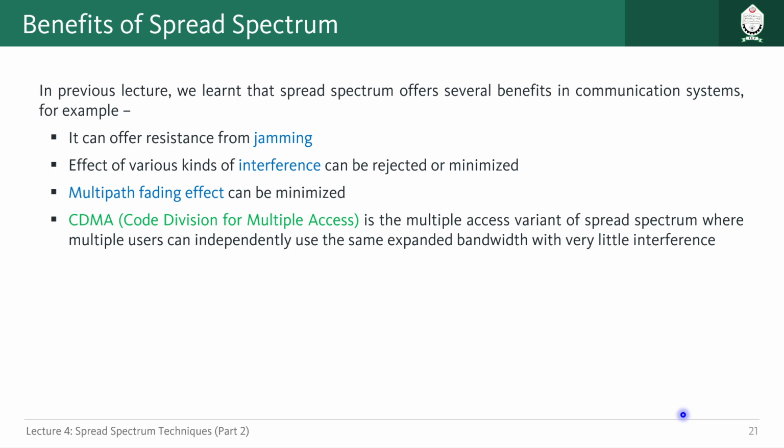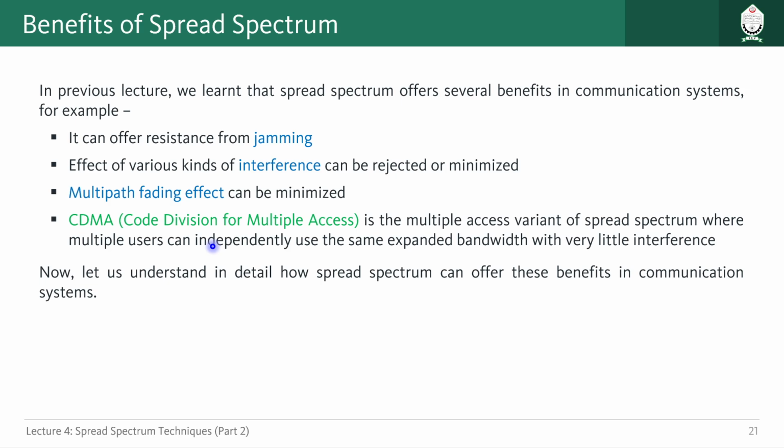The first three benefits will be discussed in this lecture, and in the next lecture we will understand how code division multiple access is actually implemented. So let us start with that.